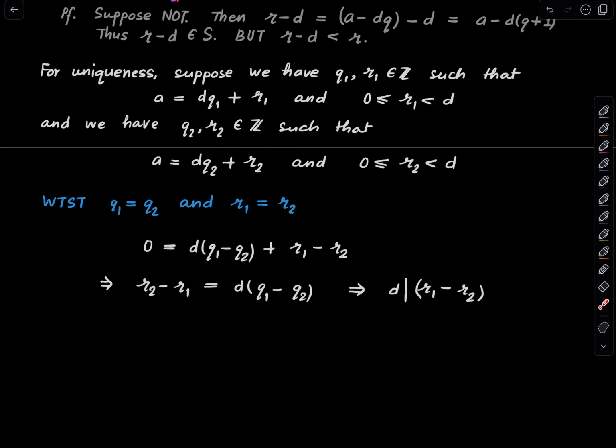But R1 and R2 are both in this range 0 to d, d excluded, 0 included. So R1 minus R2 is something which is in magnitude strictly smaller than d.